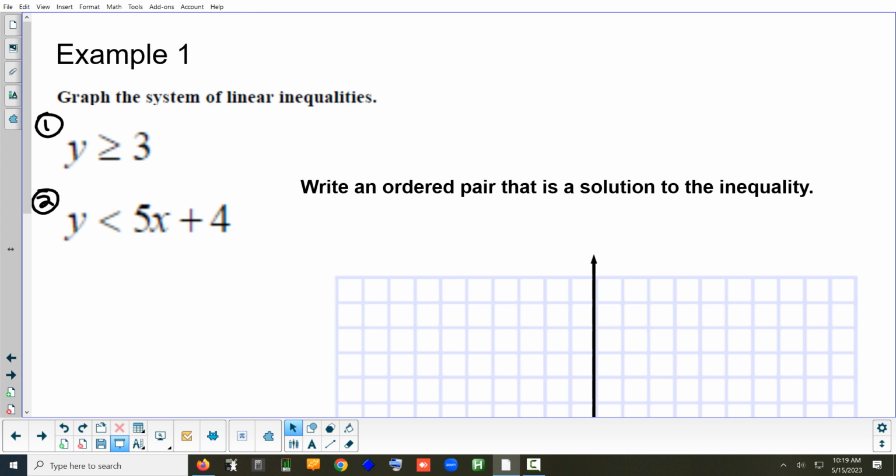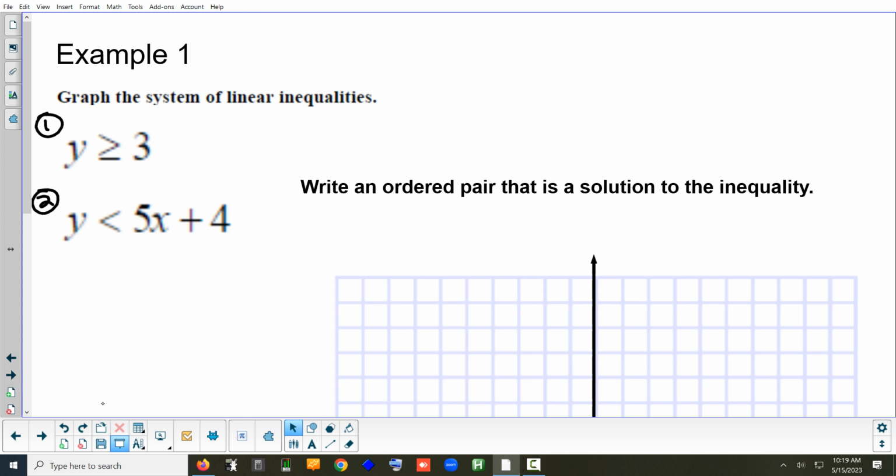Is inequality number 1 a regular type problem, or is that a special case? What do you think? Yes? It is a special case because we only have a y and we don't have an x. When you only have a y, what kind of line is it? Horizontal.